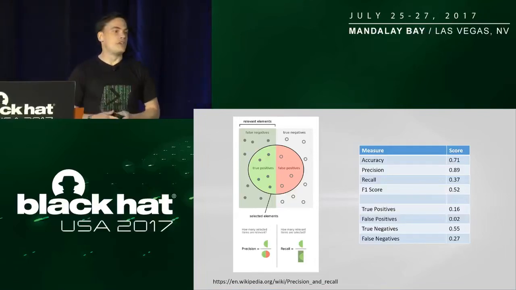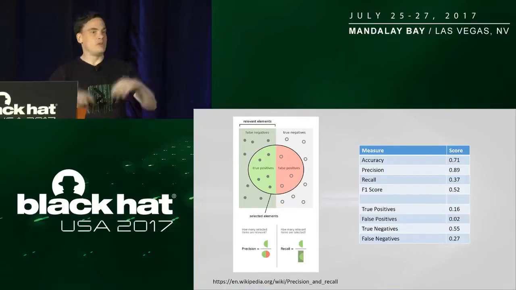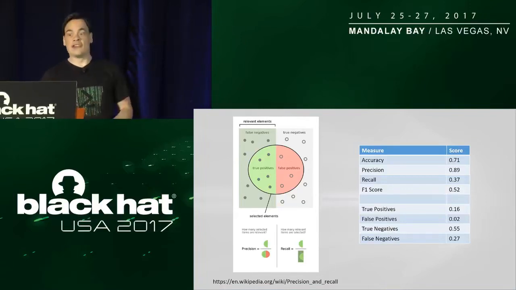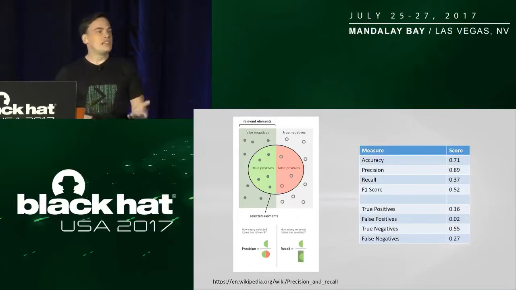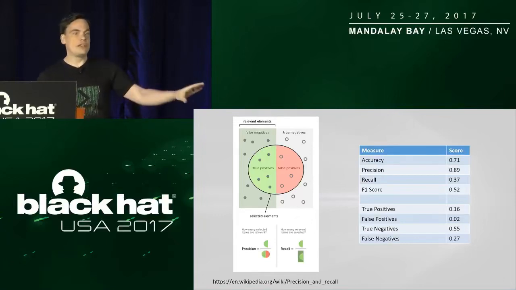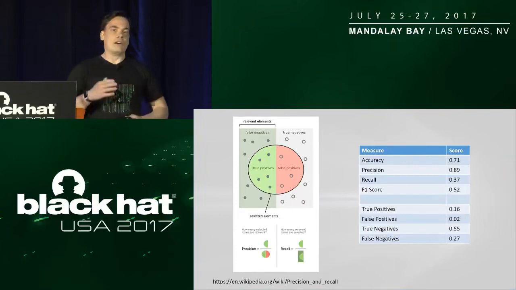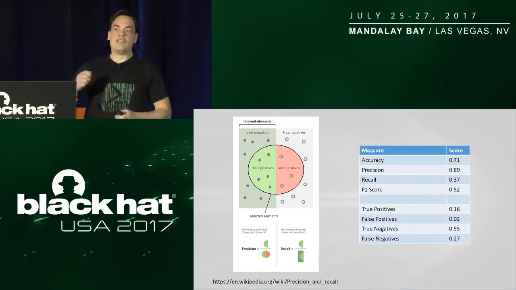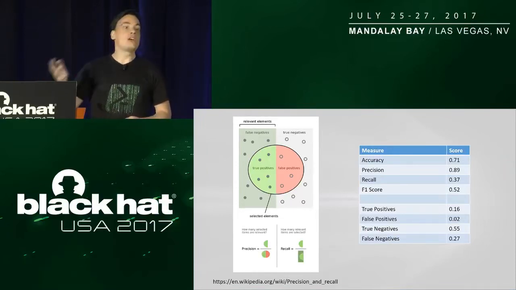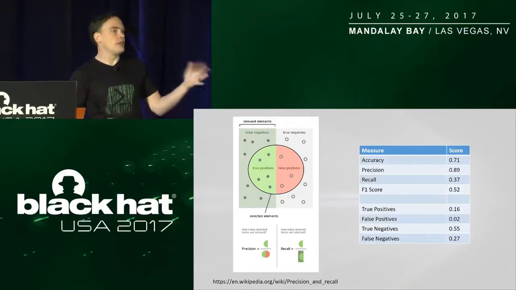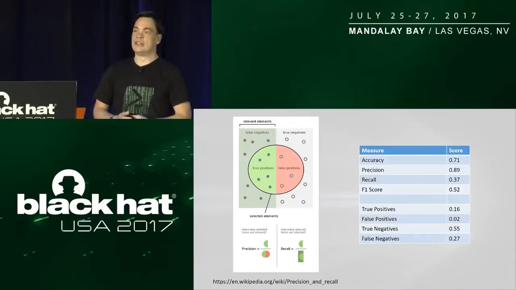The F1 score is what people use to combine those two things, and there you see we really have some problems at 0.52. So there are clearly dangers with character-only analysis, and if you just look at characters, there's a big opportunity for attackers to manipulate those character frequencies.